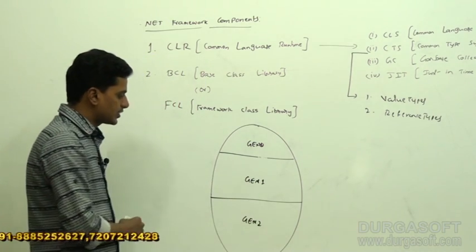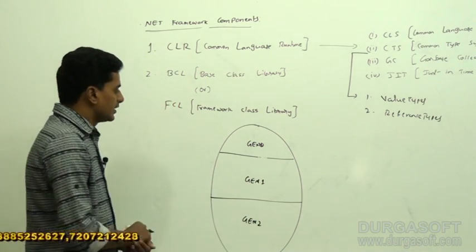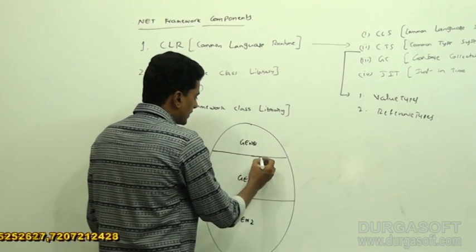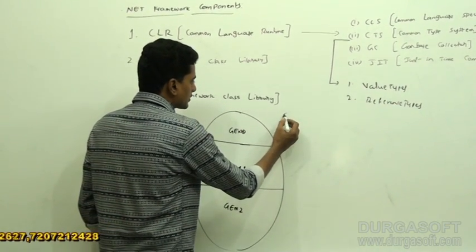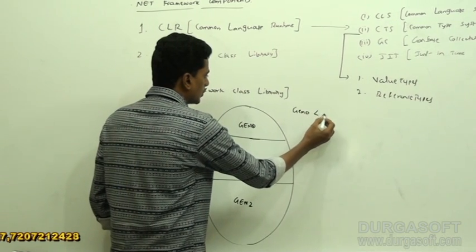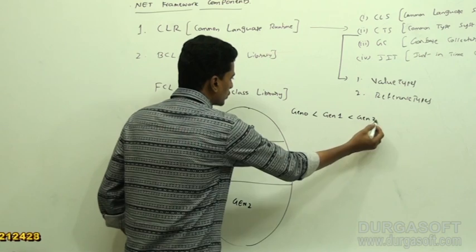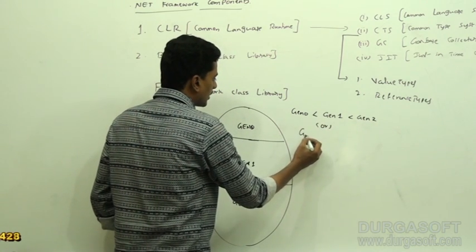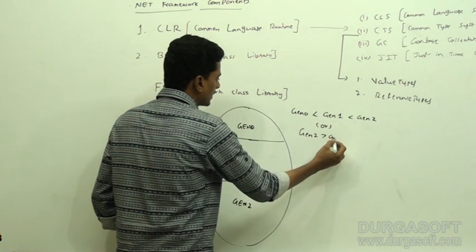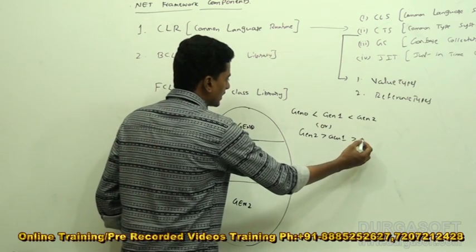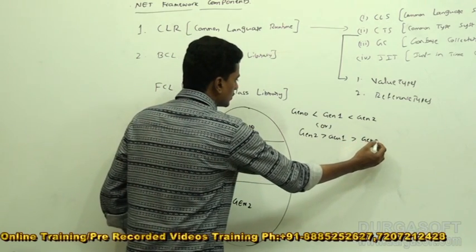These are the three generations in the garbage collector. Always, generation 0 is less than generation 1, which is less than generation 2, or generation 2 is greater than generation 1, which is greater than generation 0.